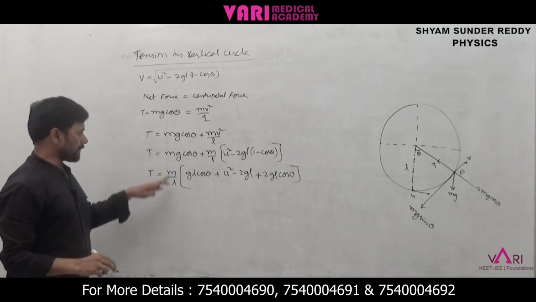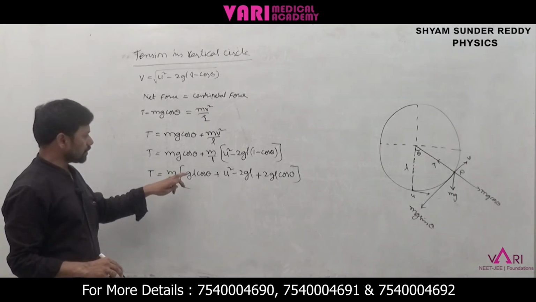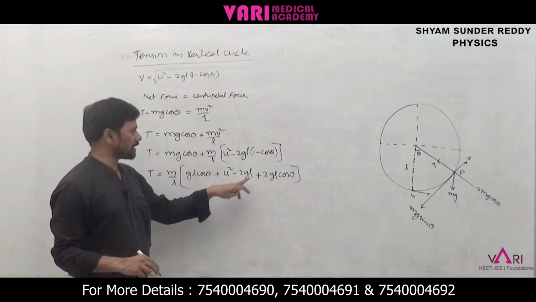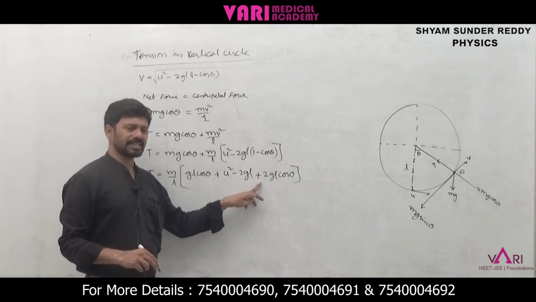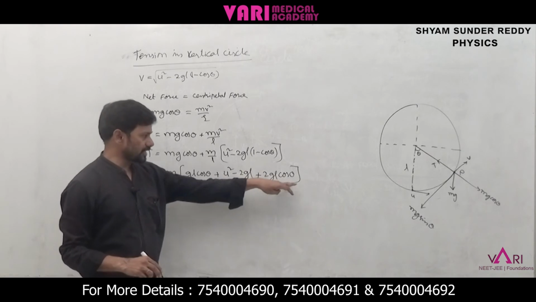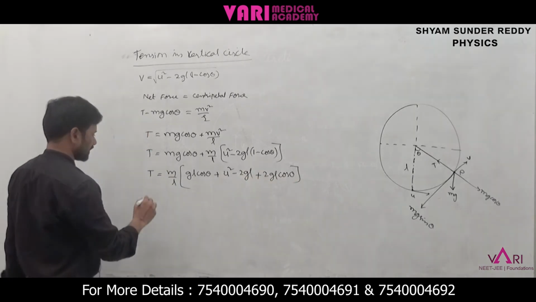Yeah, m by L is the common factor. So gl cos theta plus u square minus 2gl, minus of minus is plus 2gl cos theta. gl cos theta, 2gl cos theta, 3gl cos theta.